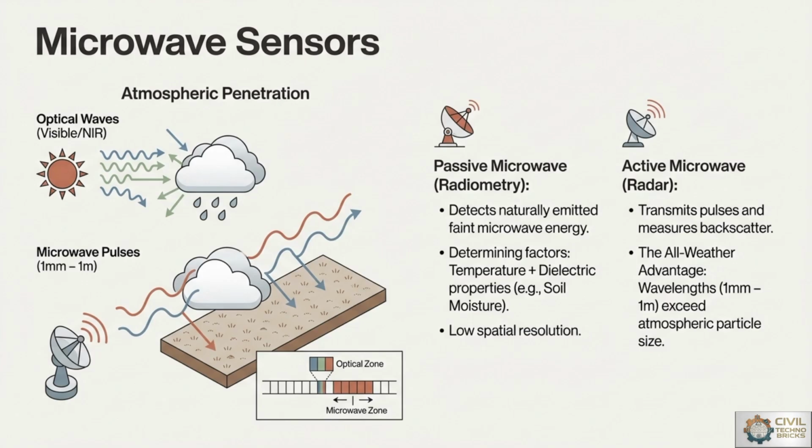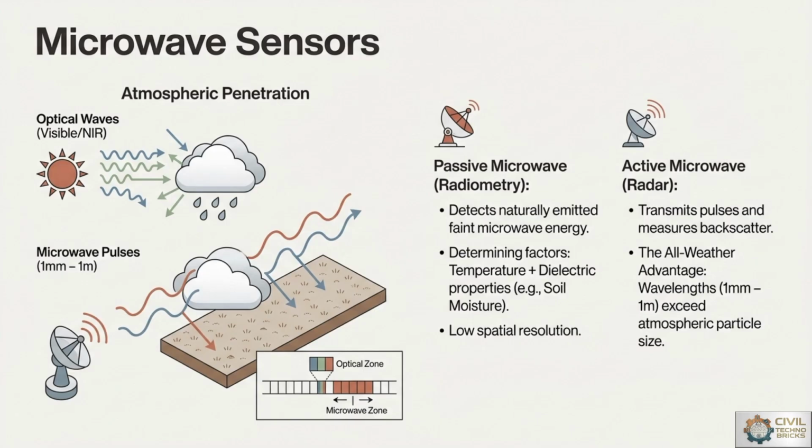Next are the microwave sensors. Basically microwave sensors are dependent on optical waves or on microwave pulses. In optical waves, microwave sensors use visible or near infrared range where a source of light is there, and with reference to that source a large amount of rays are emitted and reach towards the clouds. Basically these clouds are obstacles for those waves.